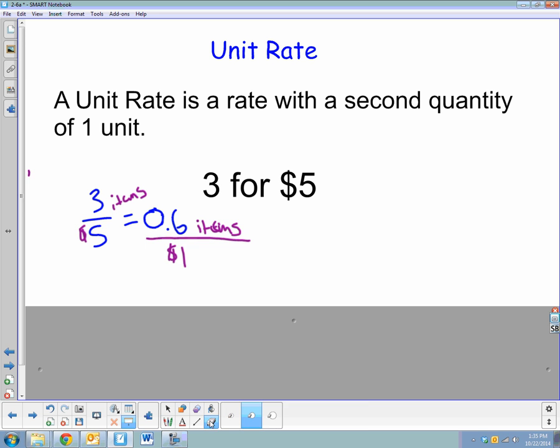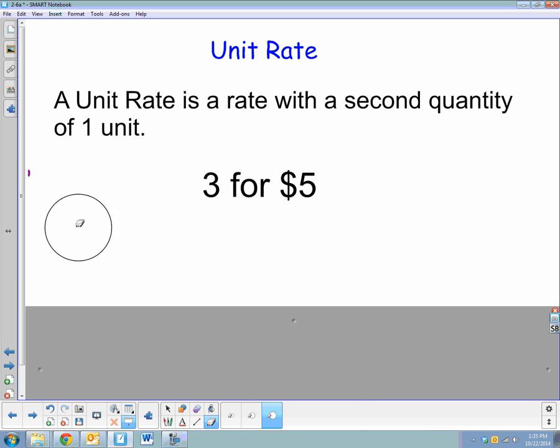So when you're setting these problems up, be very careful of what you're asking, because the question is saying how many dollars per item is this? If you have a money question, especially, the dollars are going to go on top, because we want to know how much money per item. Again, I'm going with pizza here because I like pizza, but it's $5 for 3 pizzas, $5 for 3 items.